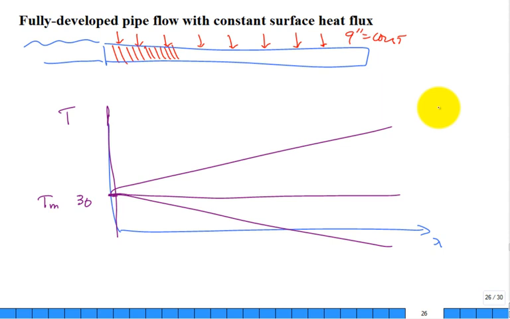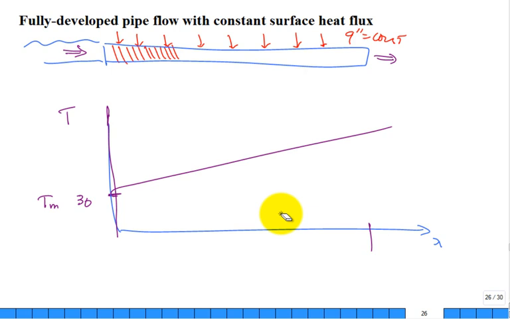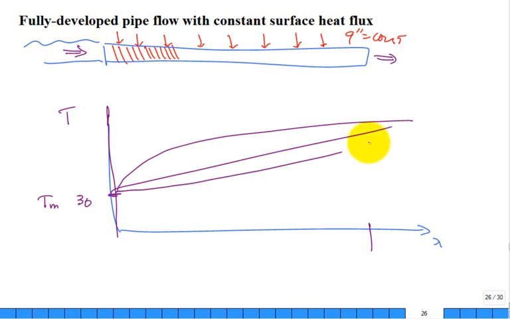What does the mean temperature do as the fluid is flowing in that direction down the pipe? This is where it comes out of the pipe. What's it going to do? Isn't it going to do that? Now the question is, does it do something crazy like this? Or does it do something crazy like that? You know, is it concave up, concave down, or just a straight line?